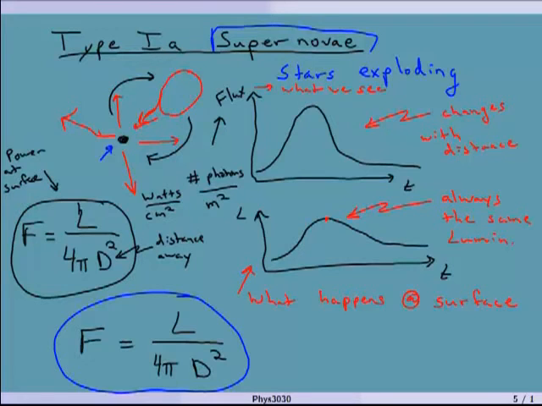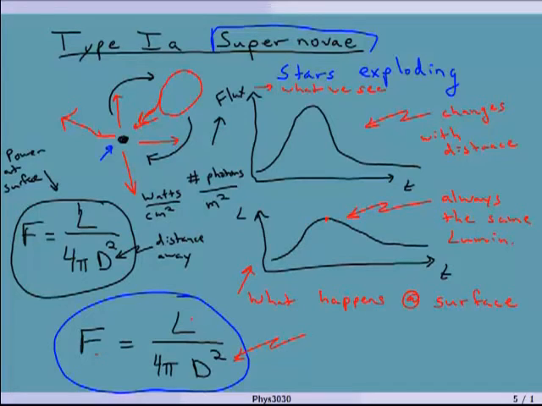So we're always looking for this d. If I know the intrinsic luminosity of something, and I tell you its flux, then you can just solve for d.